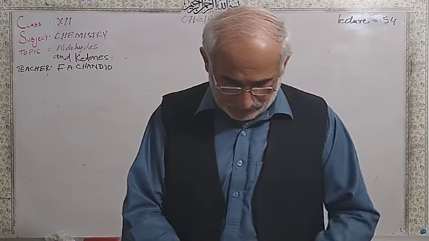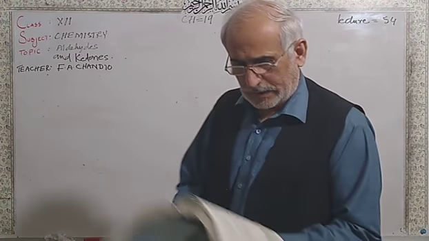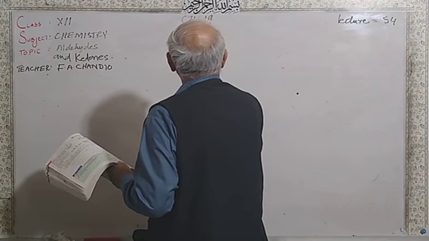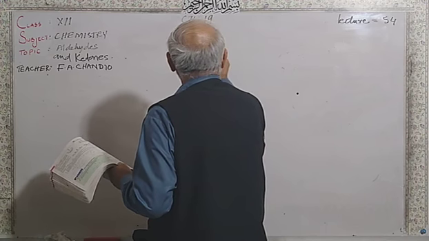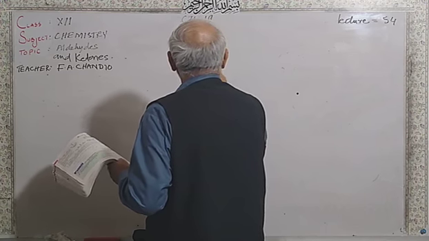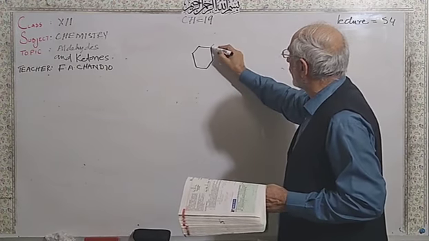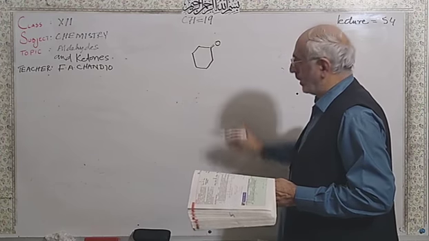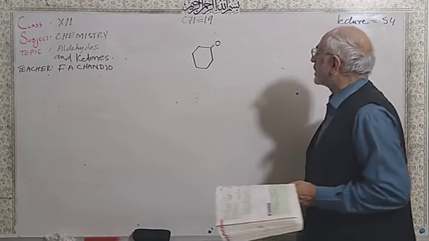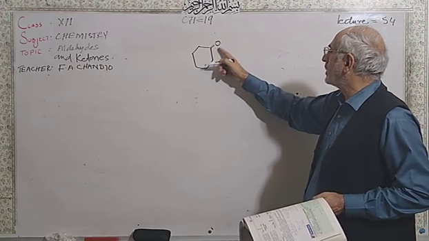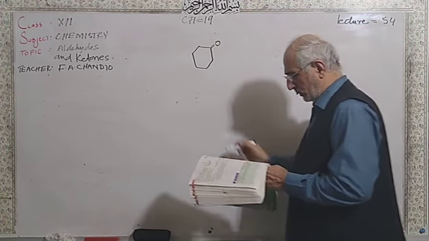So I'm writing others, just like this. This is cyclohexane, this is cyclohexanone. There is the carbon double bond to oxygen.